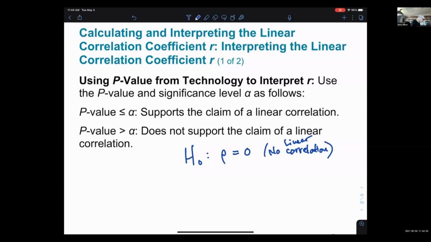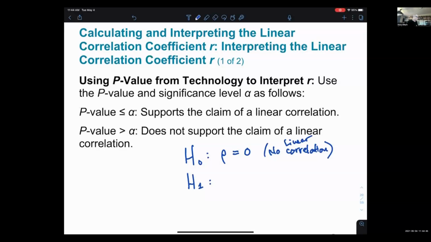And so then the alternative to that, if we want the alternative hypothesis to represent the idea that there is some sort of a linear correlation, well, as soon as you leave 0, either heading toward +1 or toward -1, you're establishing a linear correlation. And the farther you are from 0 and the closer you are to ±1, the stronger the linear correlation there is.